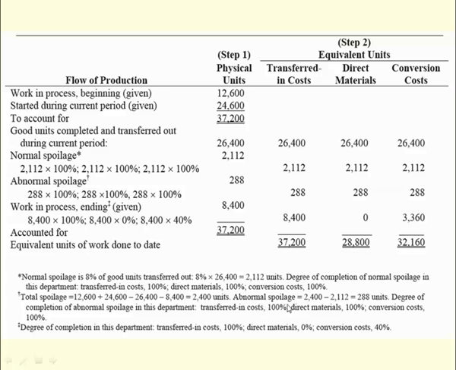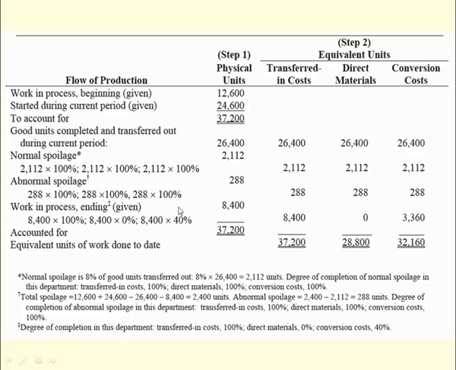To calculate only the abnormal spoilage, we deduct 2,112 from 2,400, which equals 288 units abnormal spoilage, and it is also 100% for transfer in, for direct material, and for conversion cost.